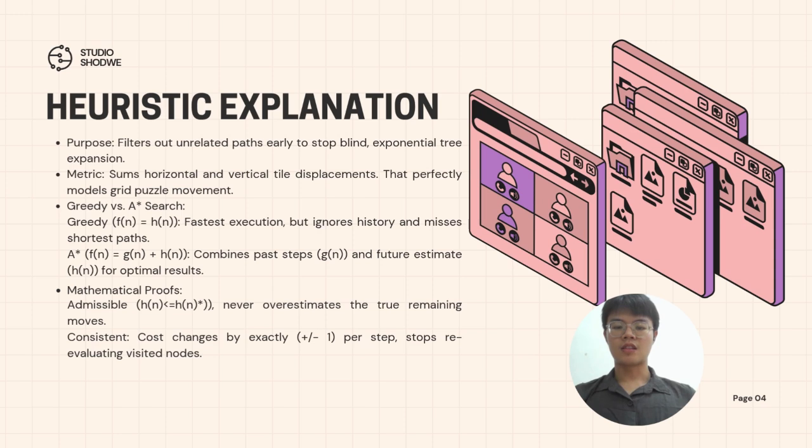It is admissible because a single tile move shifts the value by exactly 1. It is consistent. These properties prevent A-star from wasting time on old steps, forcing a narrow, laser-focused search tree directly to the goal.